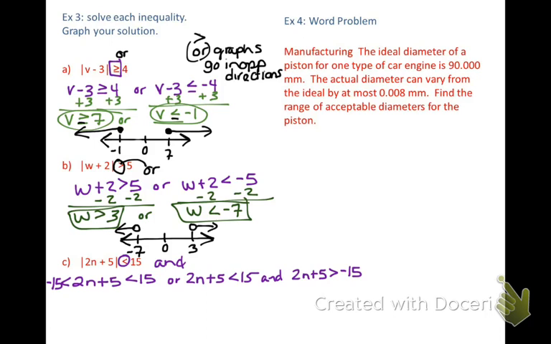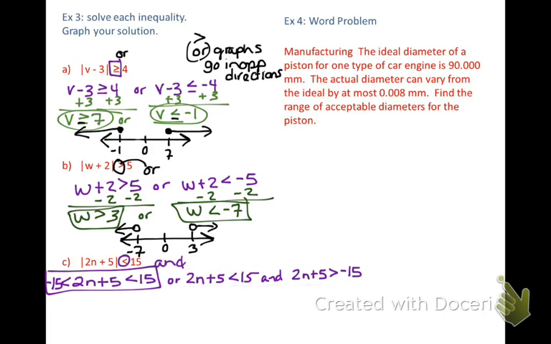You could do it in this order, or you could do it in this order. I don't care which one you do. I'm going to do it in the second order because mostly that's easiest to remember to write.